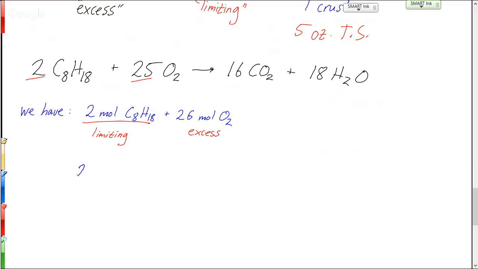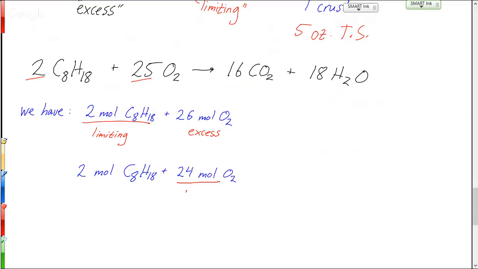What if we had still 2 moles of this, but 24 moles of oxygen? Which one's limiting now? The oxygen, because we need 25 moles of oxygen and we only have 24.